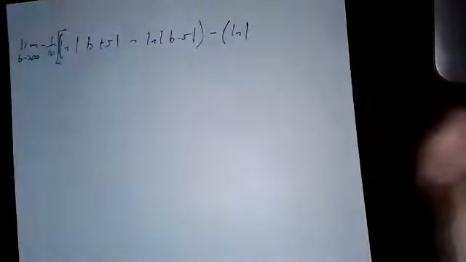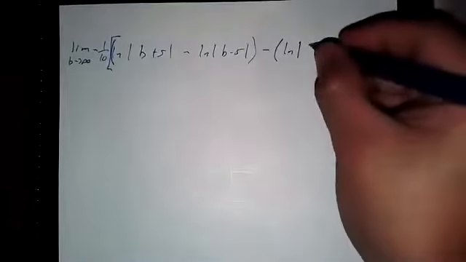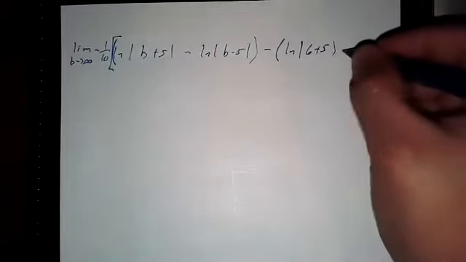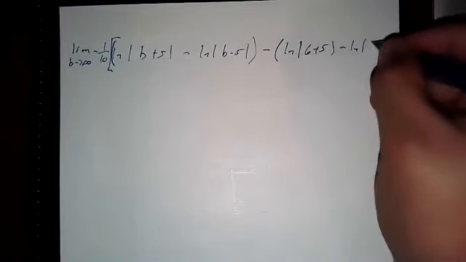Over here we had 6 plus 5, 6 minus 5. 6 plus 5 minus ln of 6 minus 5.